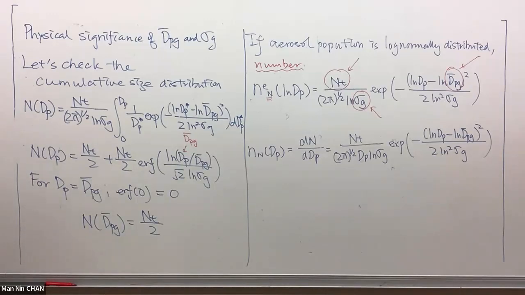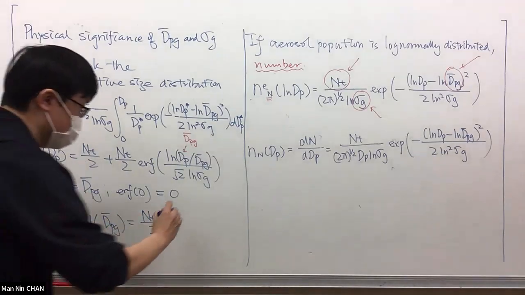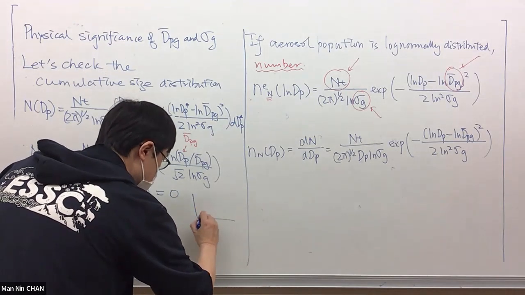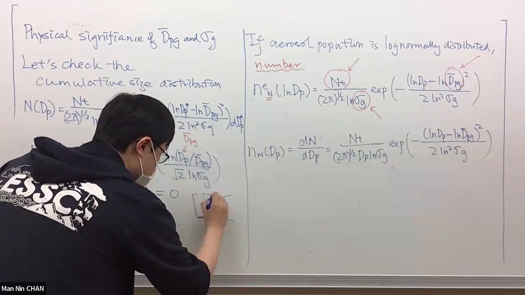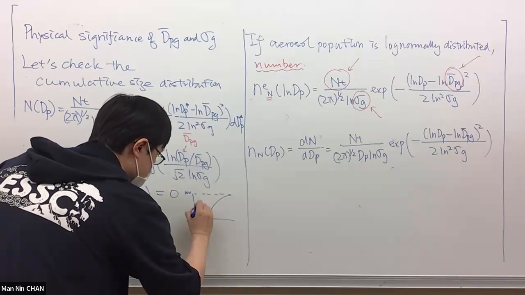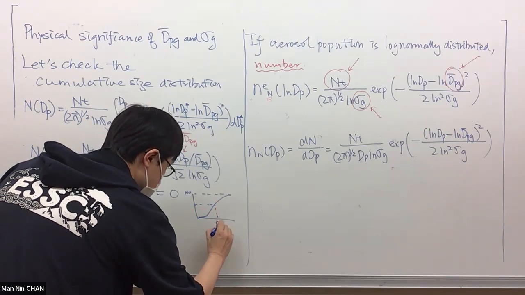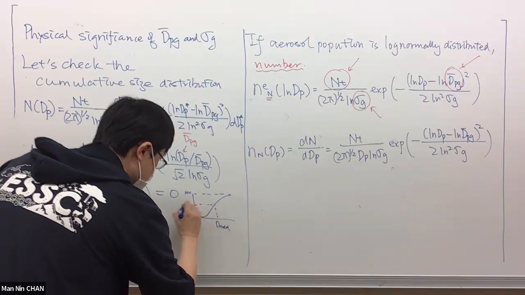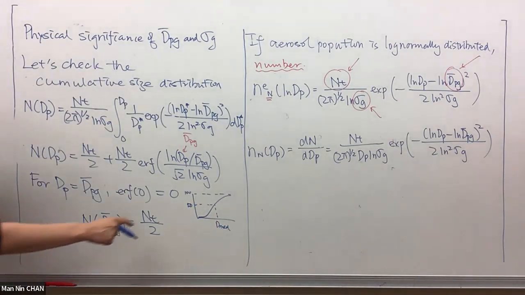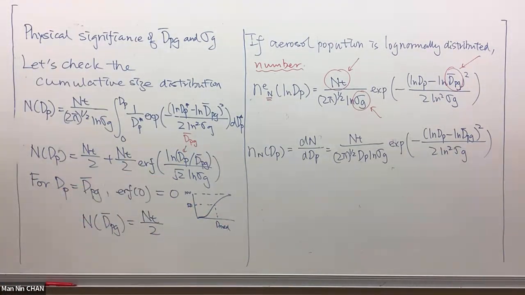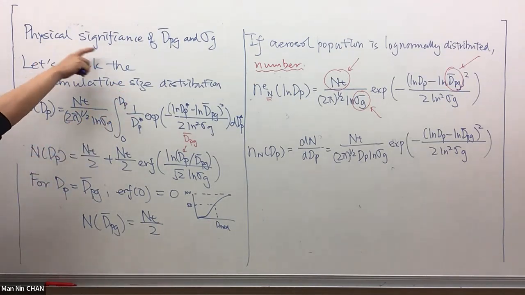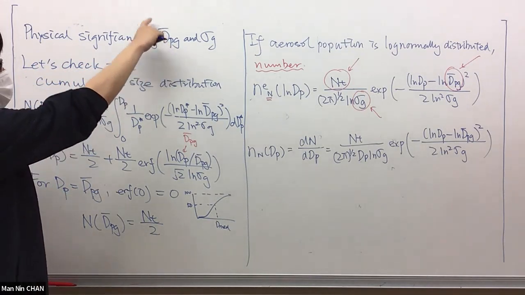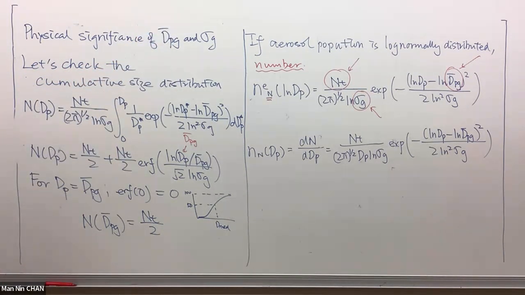You see the point, because the median, if you remember, is just the 50% of the particle number. So from this analysis, you will find that the physical meaning of this dpg bar here is just the median diameter.